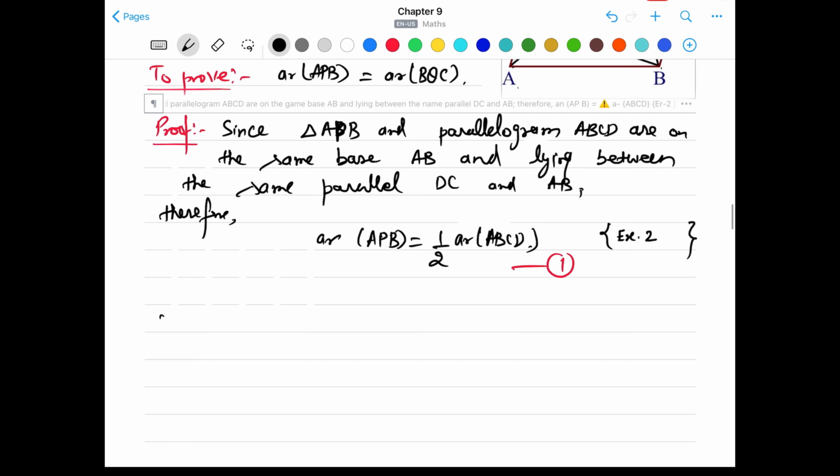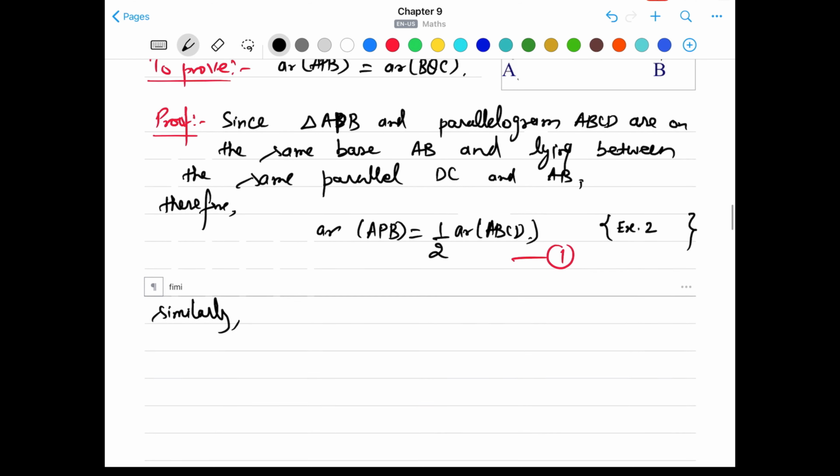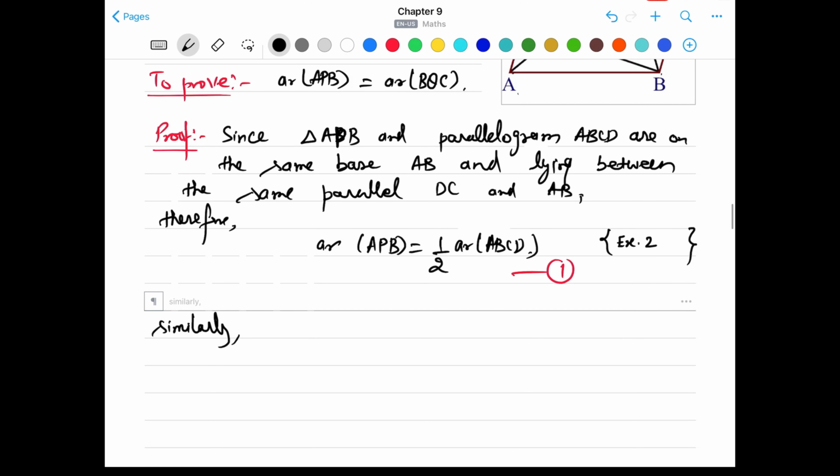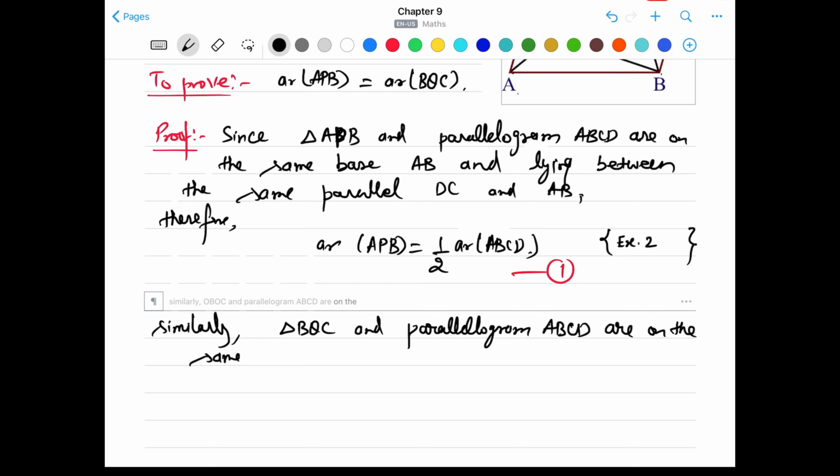Okay, then we'll write similarly. Now we'll take the second triangle, which is BQC. Triangle BQC and parallelogram ABCD are on the same base.